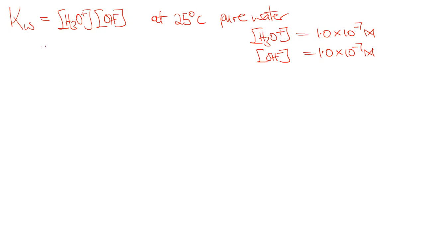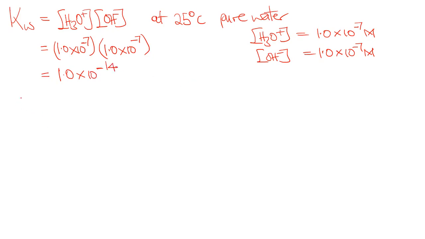As a result, this Kw will be given by 1.0 times 10 to the negative 7 times 1.0 times 10 to the negative 7. So this gives a result of 1.0 times 10 to the power negative 14.